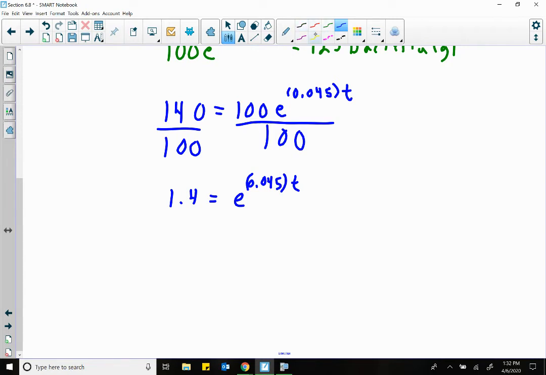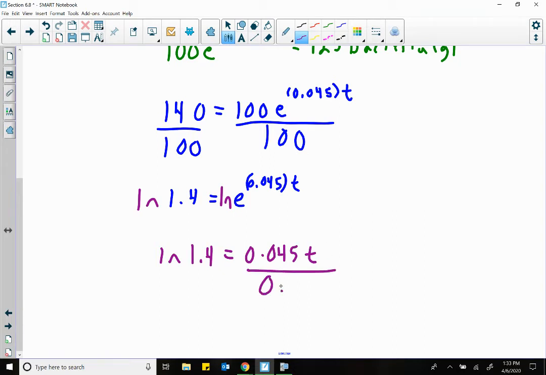Well, how do I get rid of the exponentials? We turned it into logs, which means that we're going to take both sides to an ln. And the ln and the e, remember, they just cancel each other out. So what we have is ln of 1.4 equal to 0.045 t. And how do I get t by itself? How do I get rid of multiplication?